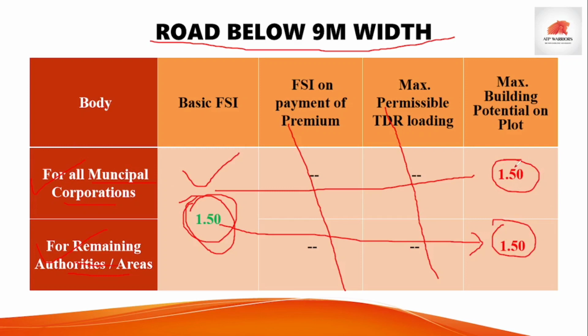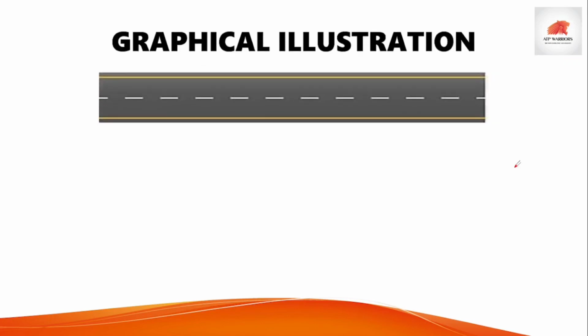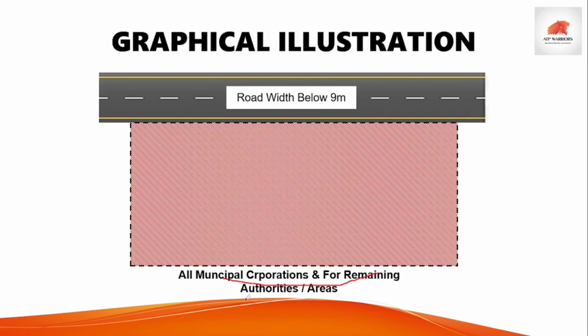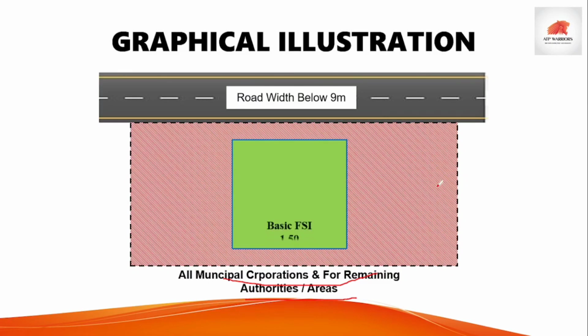So let's see it using a diagram. Suppose this is a road whose width is below 9 meter, and this is a net plot area. This is for all municipal corporations and for remaining authorities as well. And this is the built up area on that plot. So what is the basic FSI or maximum building potential here?